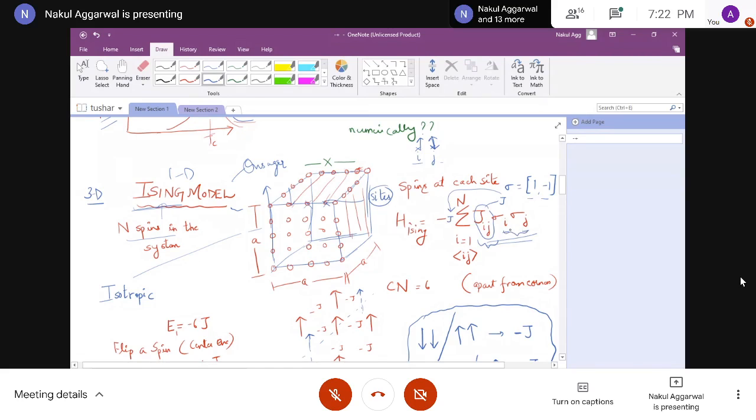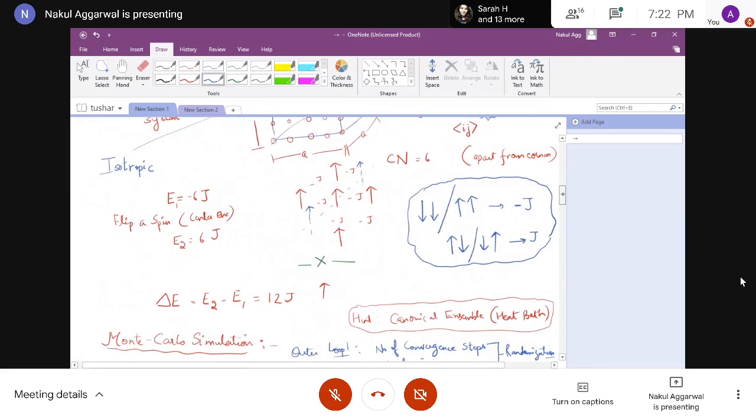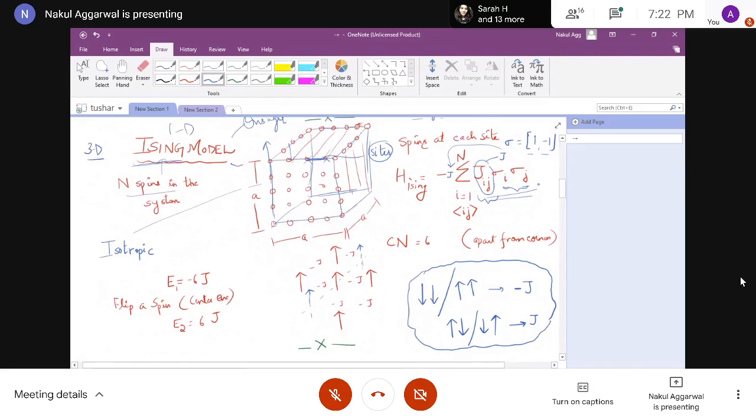The first assumption is that the interaction between each pair of spins is constant. Secondly, it is an isotropic system, which means that if you have an interaction J in this direction, you have an interaction J in this direction as well. So there's isotropy in the system.